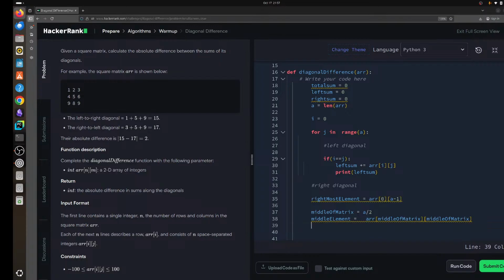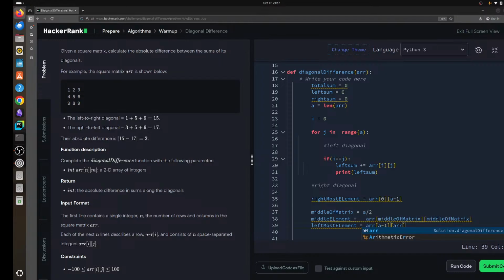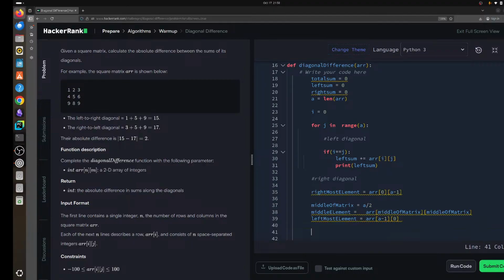Now we have the leftmost element equals arr of a minus 1 and 0. So all these values, let's sum.